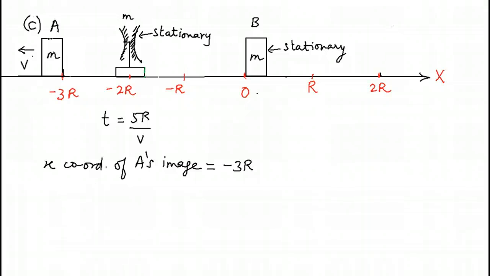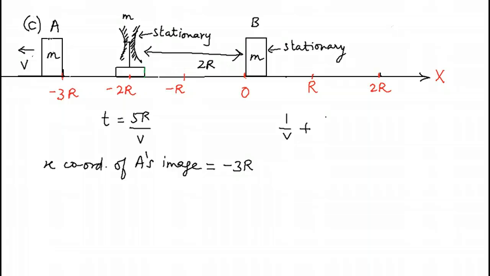Now we can apply the mirror equation to find the image of P. You can see that this distance is equal to 2r, and I'll just apply the mirror equation.